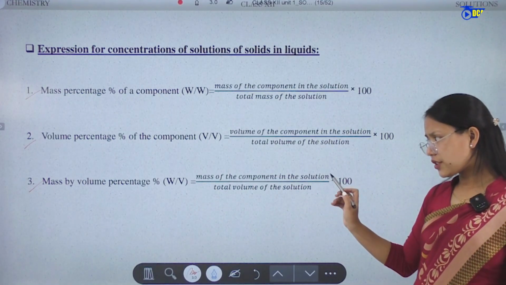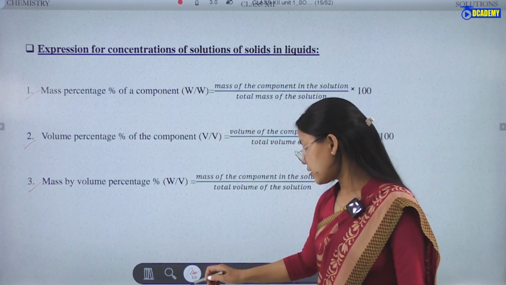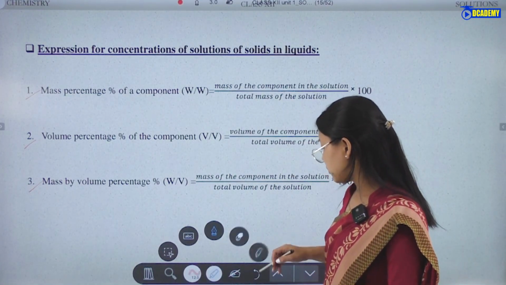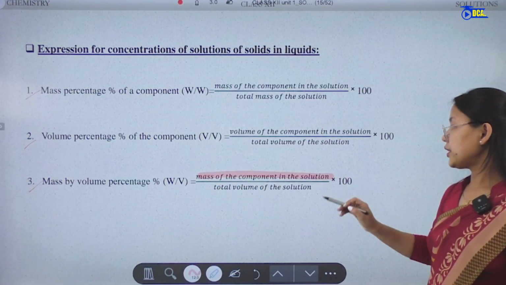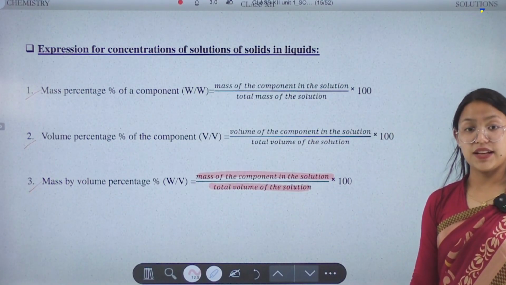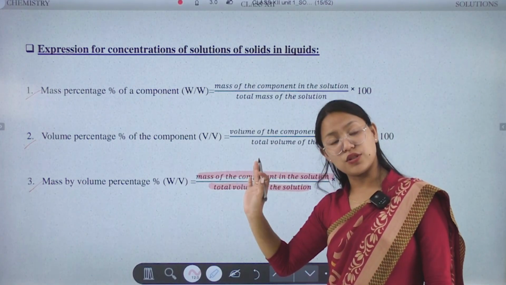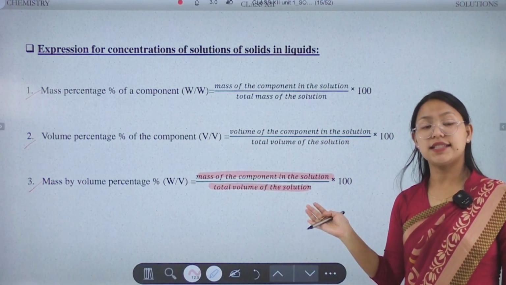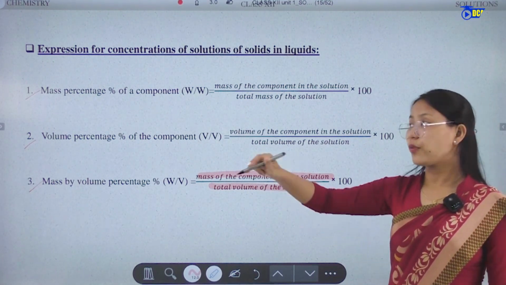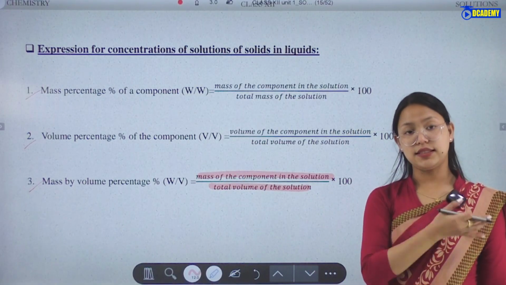So here, mass of the component in the solution divided by total volume of the solution. The mass is the solute, the volume is of the solution. Into 100. That means percentage. So we have already learned these 1, 2, and 3 in the previous classes.